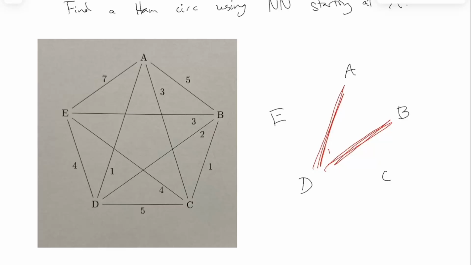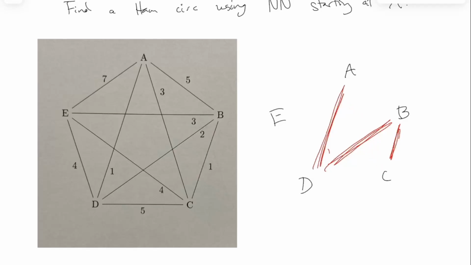From B now, my choices are 5, 3, 2, or 1. I already used this 2. I believe the 1 is the best choice at this point from B. So I should go B down to C for 1. Right? I hope everybody's making the same choices as I did. And now C, we must now go to E. You should not go from C to A because that closes up the circuit too soon.